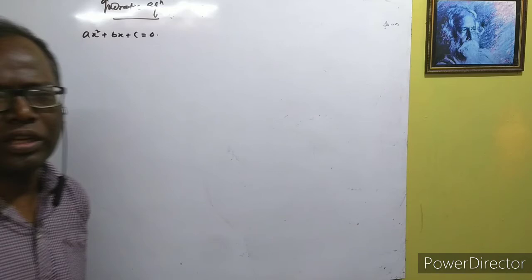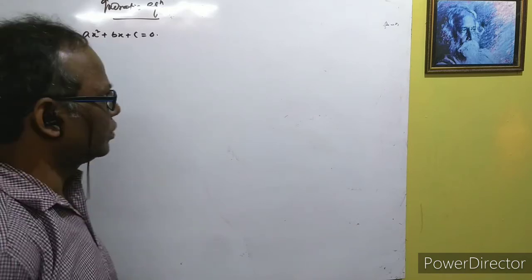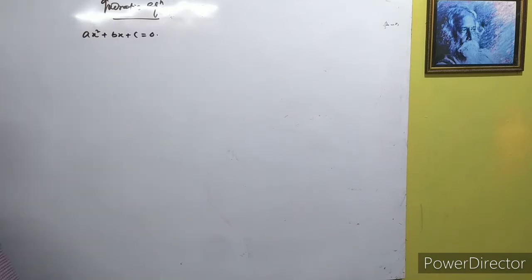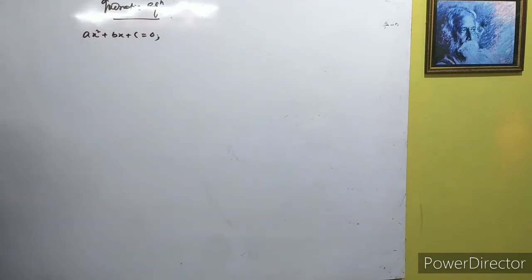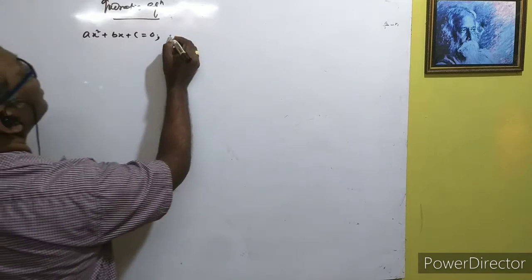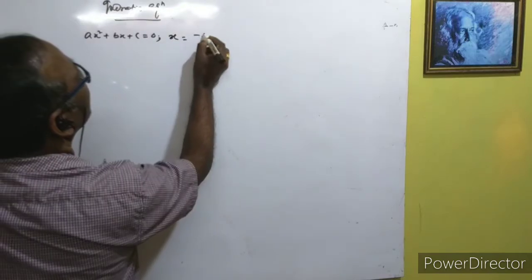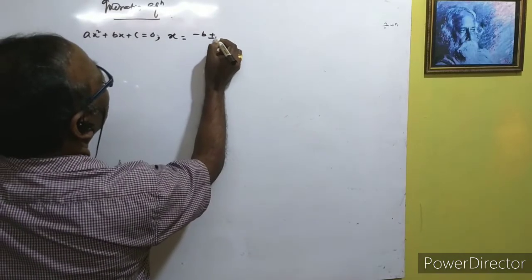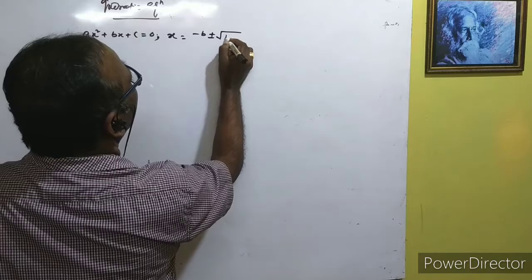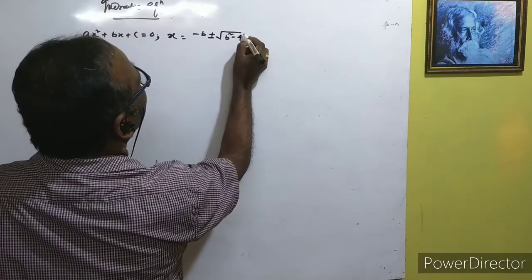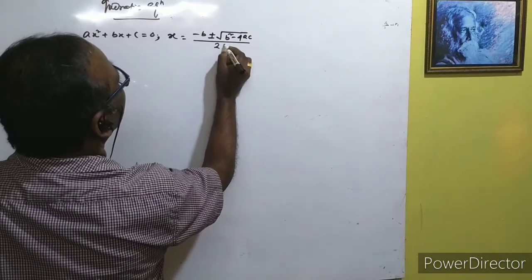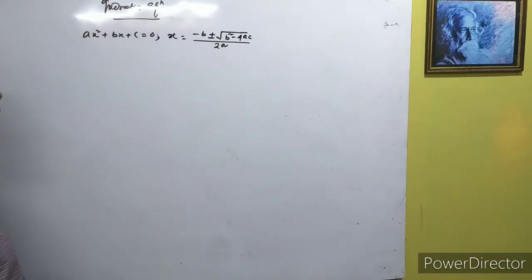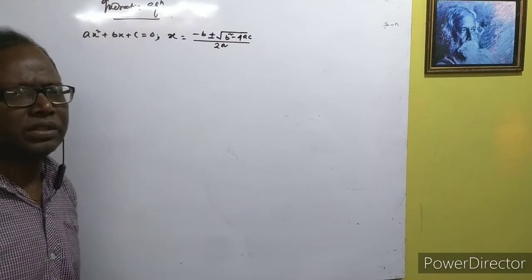This equation only has two solutions. The formula for solving this quadratic equation is x = (-b ± √(b² - 4ac)) / 2a. This formula is known as the Sridhar-Acharya formula.